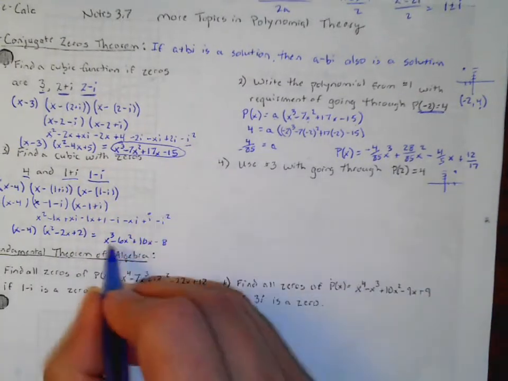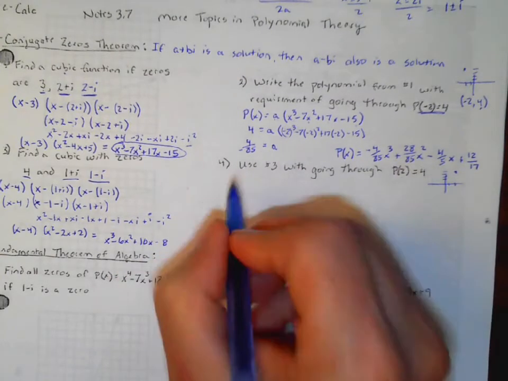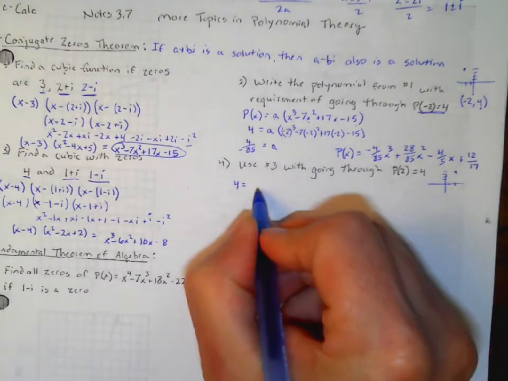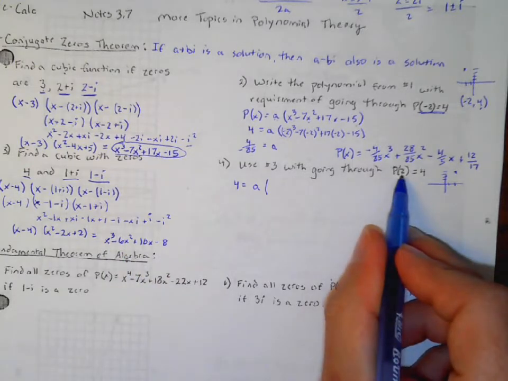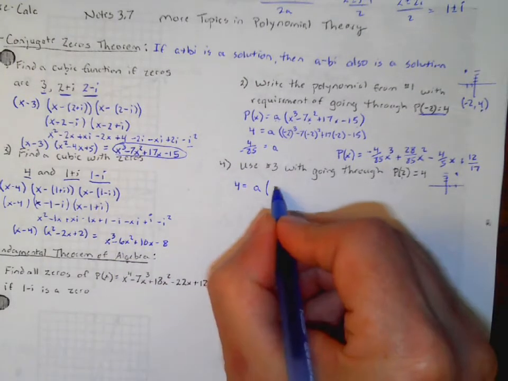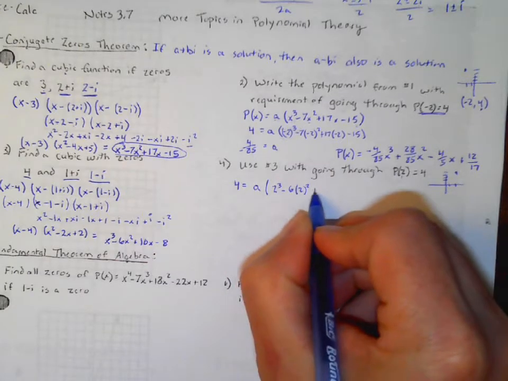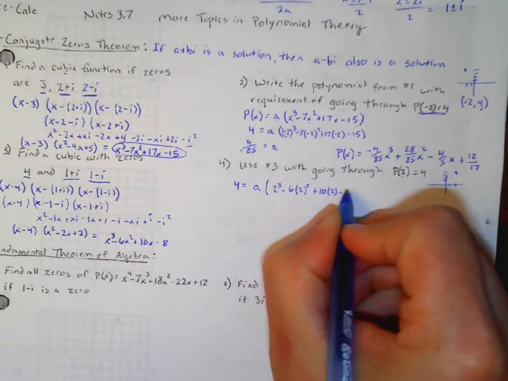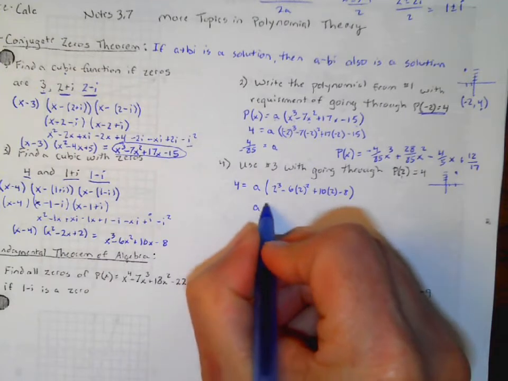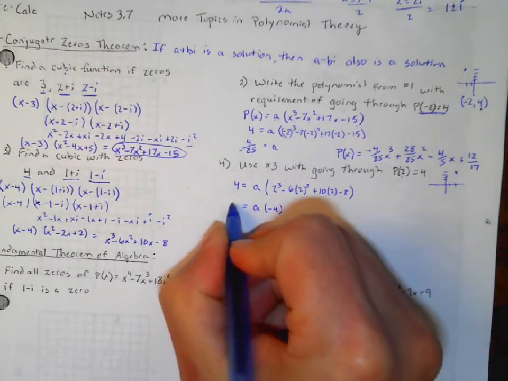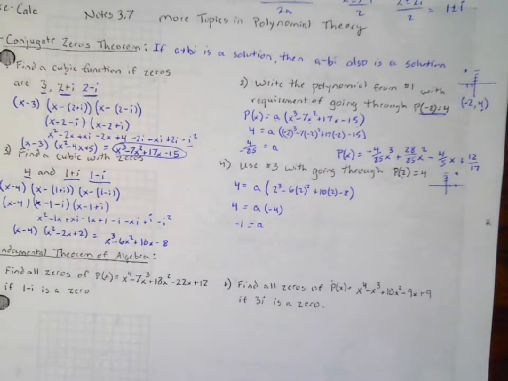I'm going to use that equation there and plug some stuff in. So my y is the 4, so 4 equals some number a which I want to solve for, and I'm going to plug the x, the 2, in for all these x's here. So 2 to the third minus 6 times 2 squared plus 10 times 2 minus 8. Okay, if I evaluate all this, that comes up to be negative 4. And if I divide by negative 4, you get a is negative 1.